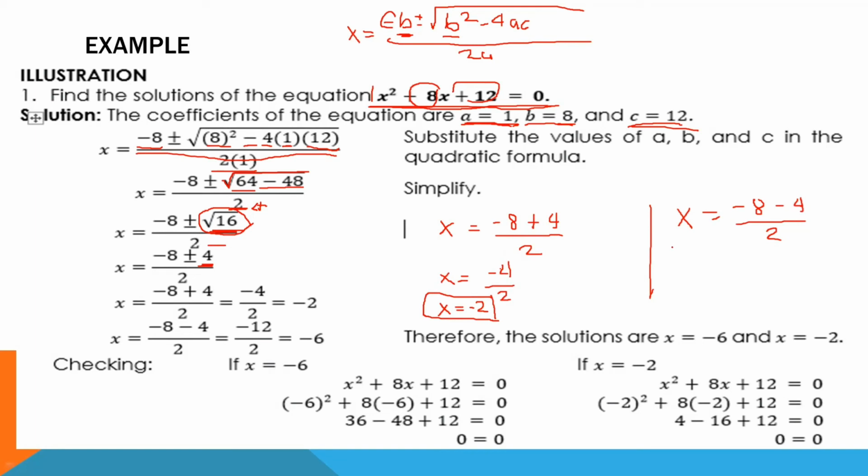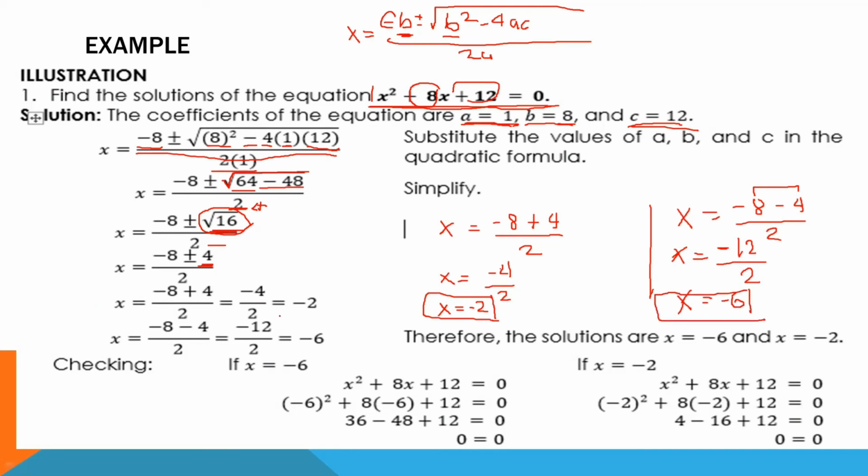So, x is equal to negative 8 minus 4. Since both are negative, copy the sign, then add the numbers. So, 8 plus 4 is 12, but it is negative 12. Then, over 2. Negative 12 over 2 is negative 6. So, that is what we got.